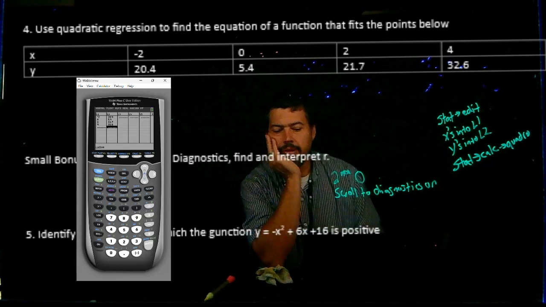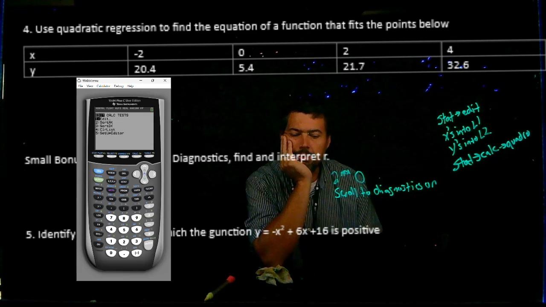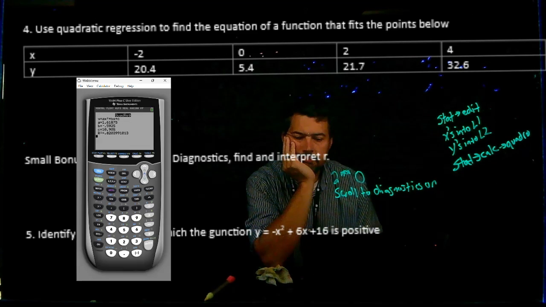All right, from here we're going to go to Stat. We're going to scroll on over to Calc. We're going to do a quadratic regression. Now this calculator probably already has diagnostics on, but I'll walk you through how to turn it on. And there I go. So let's go out to 4 decimal places.